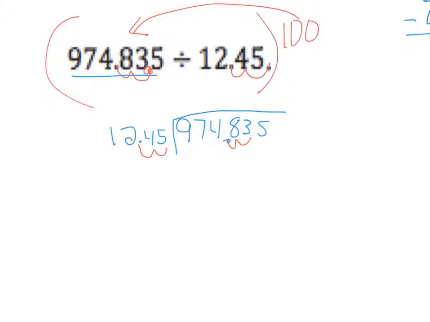So a common mistake I see is moving the decimal here to get rid of it, but the only one you really have to get rid of is in the divisor, because now we can take our new decimal point and carry it up and then try to figure out how many times 1,245 goes into, let's see here, 97,483 and 5/10. So that's how we do the clearing of the decimals. What we're really doing is multiplying by a power of 10.